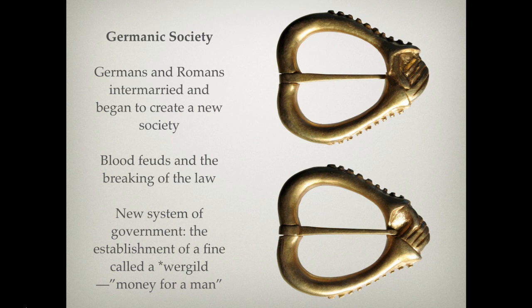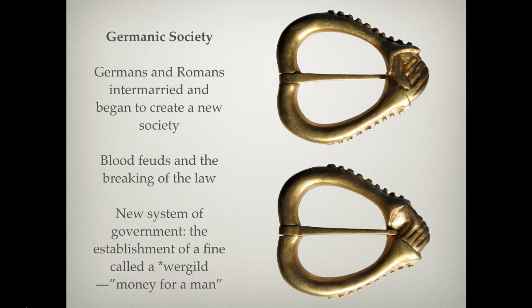And fighting amongst oneself in this cultural society weakens you because they're not going to be able to fight their true enemies. So this is really the source of the idea of a fine, called weirgild, which means money for a man. That is, that gold would be paid for the life, the weir, of the man.